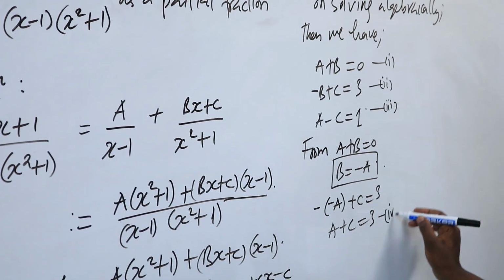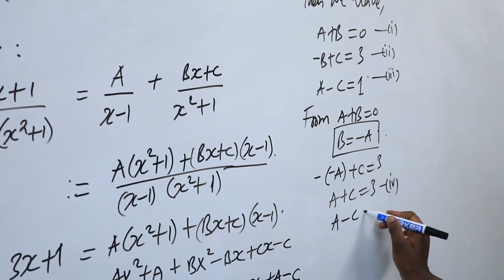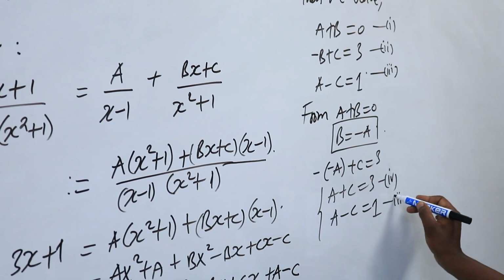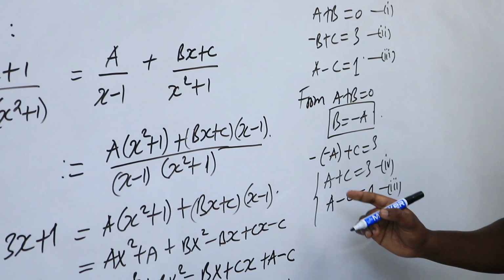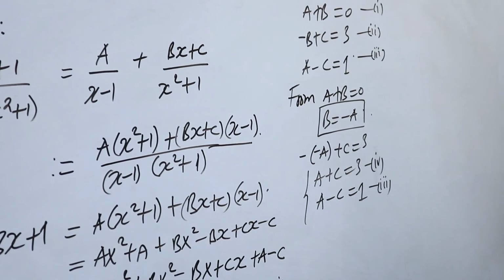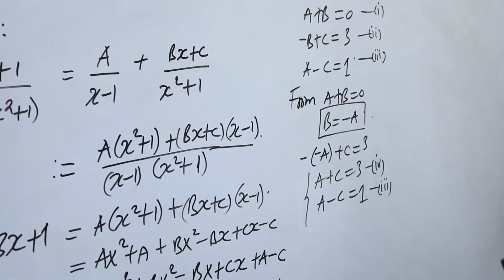Equation number 4. And now remember, in equation number 3, we have a minus c equals to 1. So here, from equations 3 and 4, now we have the constants a and c, where now it is possible to solve for the value of a and c, then coming back here to solve for b.